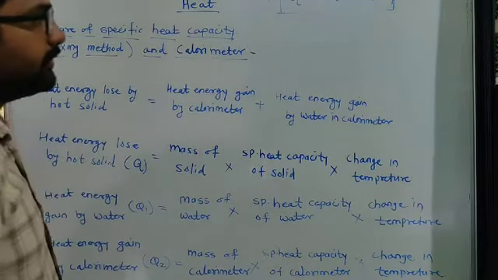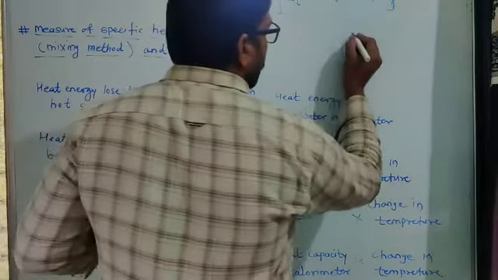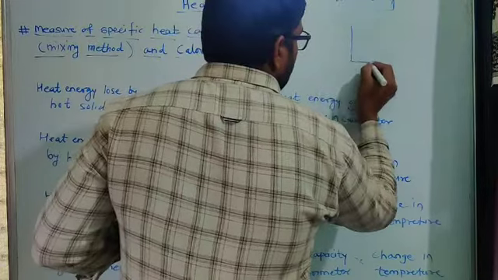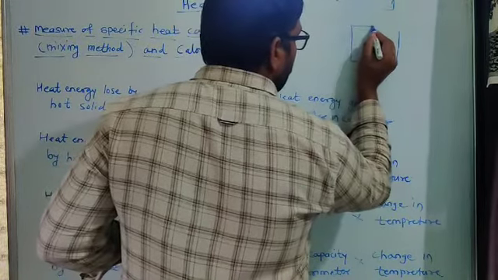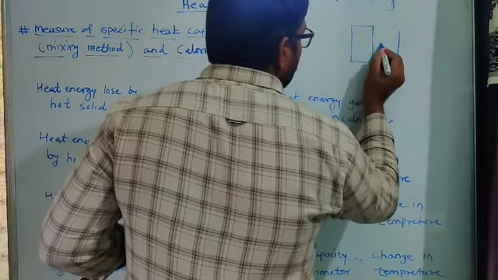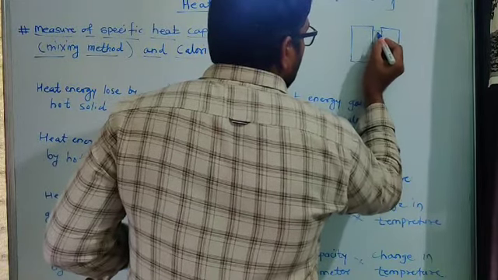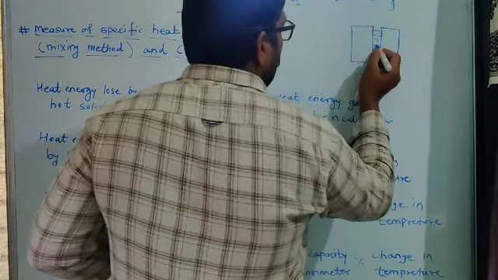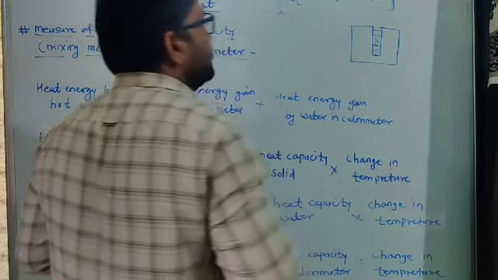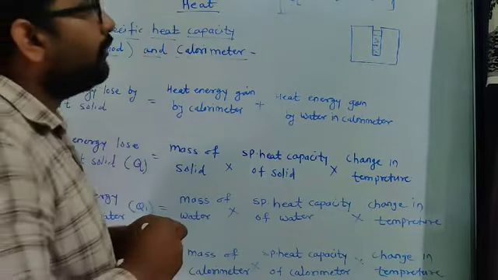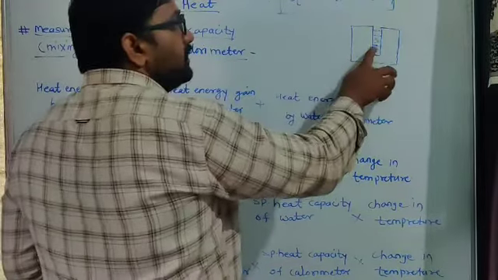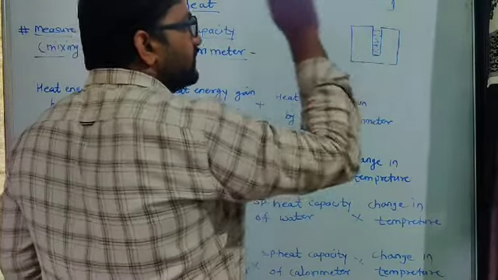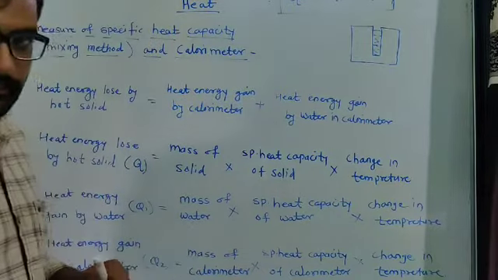Okay, so first of all we have to know what a calorimeter is. A calorimeter is an instrument, not exactly like this, but for our convenience we draw it this way. Water is present here. What we have to do is put a hot object in this water present in the calorimeter.